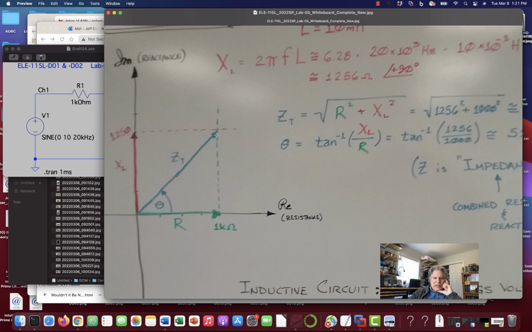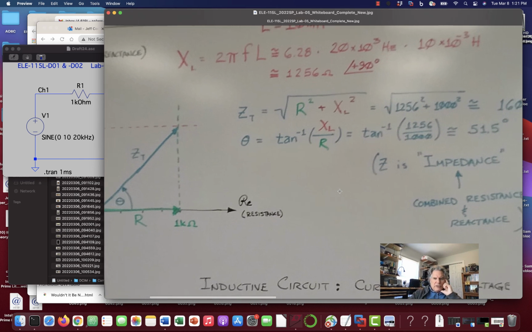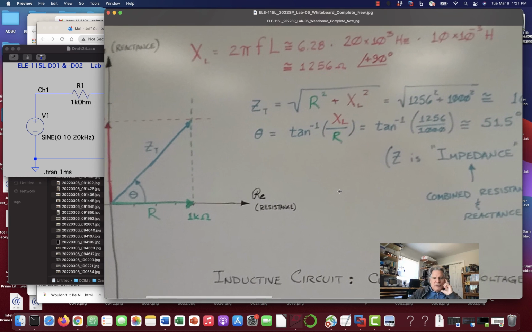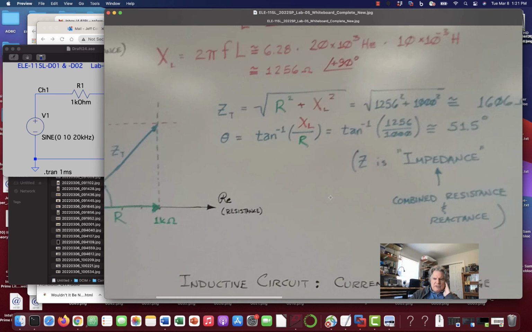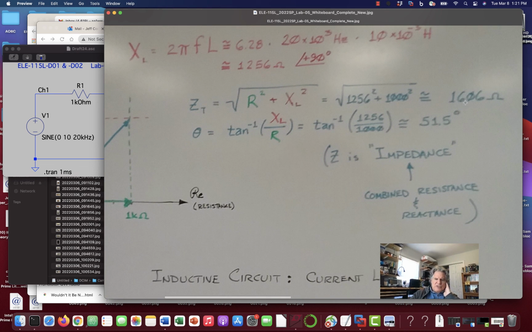To find the hypotenuse, we use the Pythagorean theorem, where we know that z squared equals r squared plus xl squared, or the hypotenuse squared equals the square of one side plus the square of the other side. I take the square root of both sides, and I get the hypotenuse. So we calculate that out, and we got 1,606 ohms, something in that area. So we'll remember that.